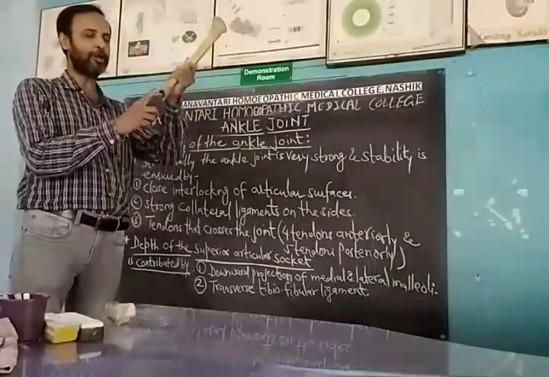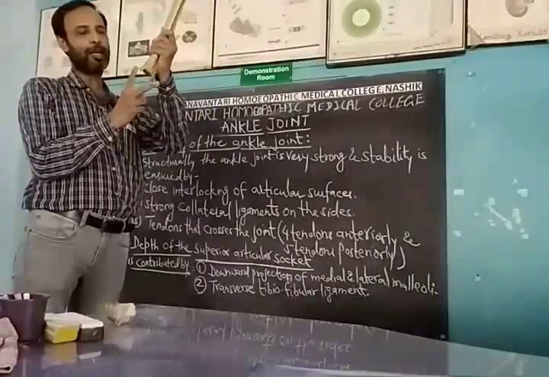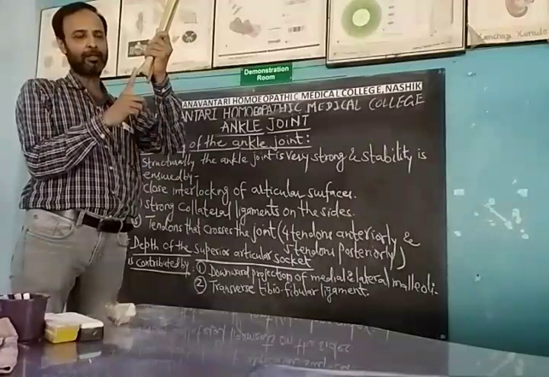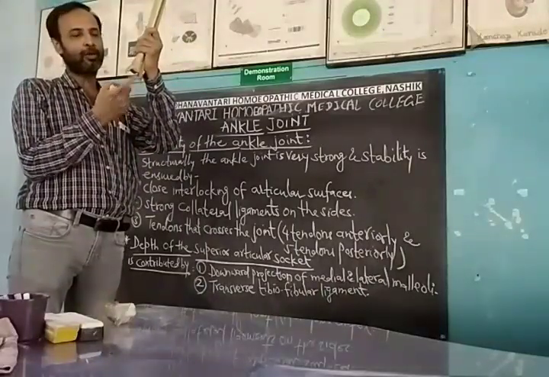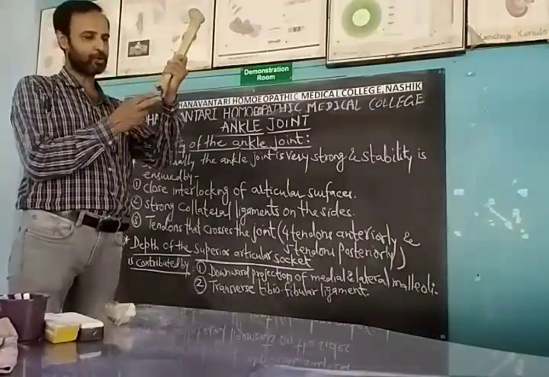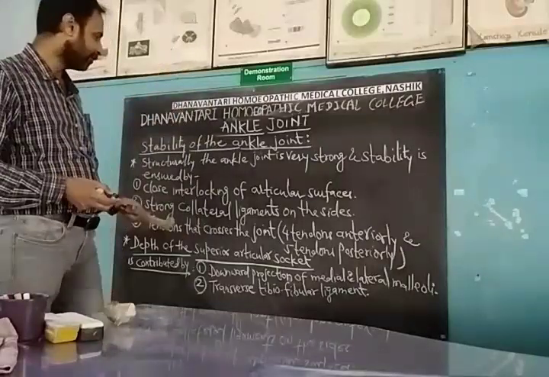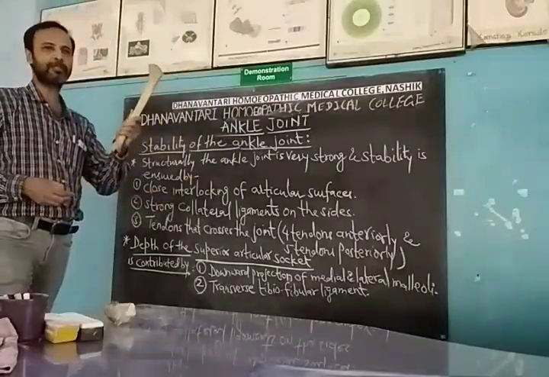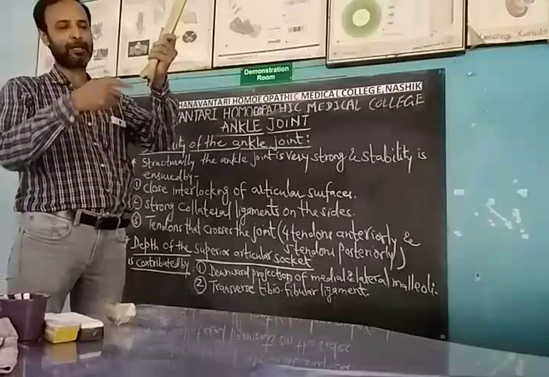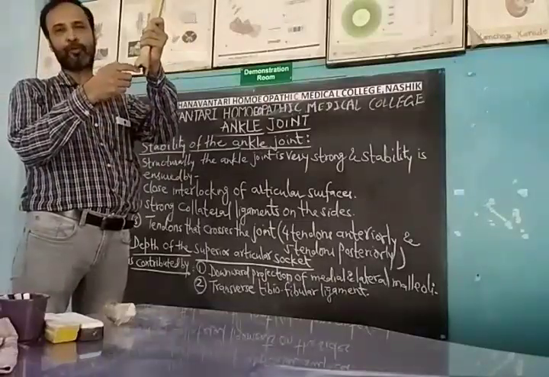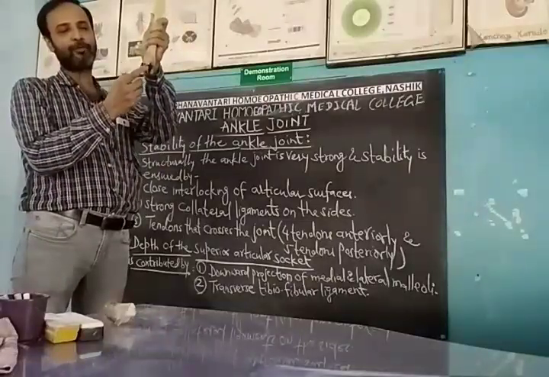So these are the malleoli: the medial malleolus and the lateral malleolus of tibia and fibula respectively. And the second point is the transverse tibiofibular ligament, on the posterior side of this joint.